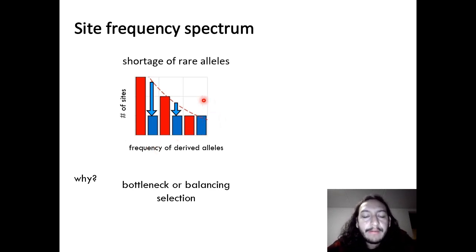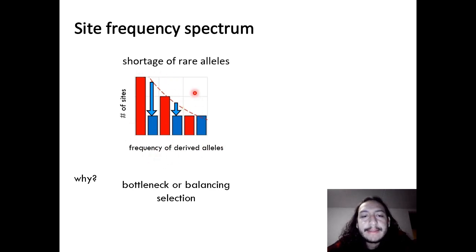So then you have a shortage of rare alleles, and the polymorphic sites that you're going to have are more common in the population, and are probably going to be there once the bottleneck is gone.